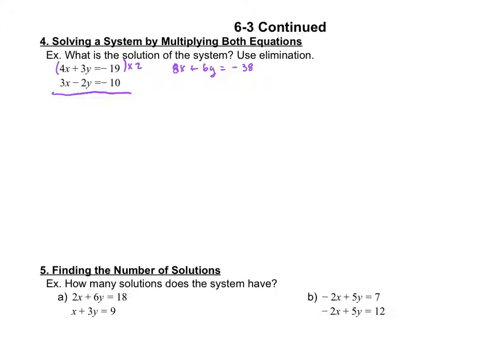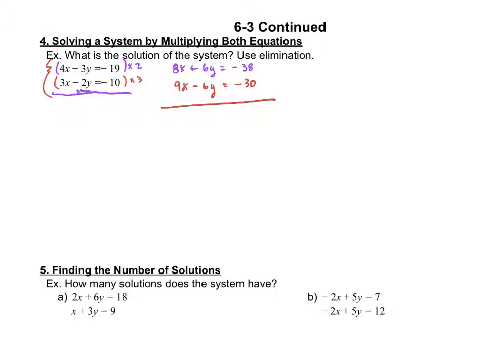Now, I'm again trying to get to a 6y because I had the opposites, so I am going to go ahead and multiply the second equation by 3, because that will give me that least common multiple of 6. So 3 times 3x is going to give me a 9x. 3 times -2y is going to give me a -6y, and that is going to be equal to -10 times 3, which is -30.